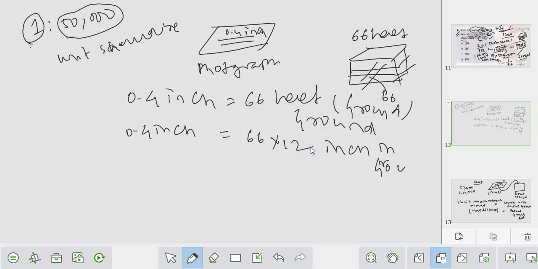Am I right or wrong? So 66 इंटू 12 ये कितना आएगा एग्जैक्टली, सो 792 इंच it will come.